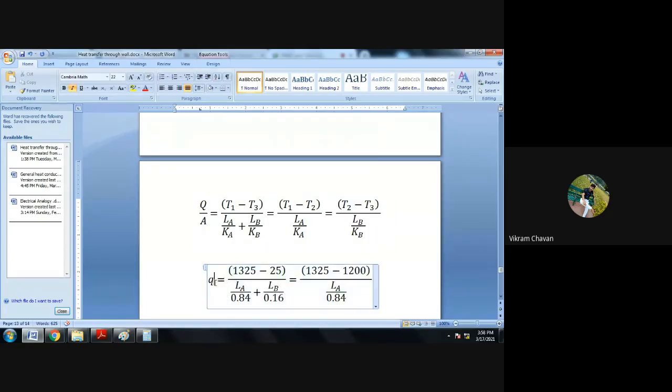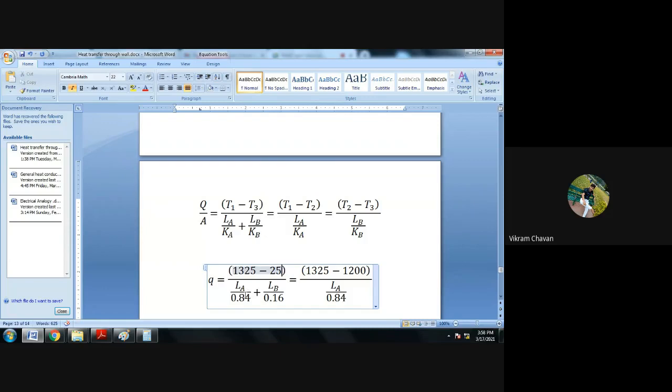So heat flux will be equal to, according to our given data, T1 is equal to 1325 and T3 is 25. L suffix A is the unknown quantity.